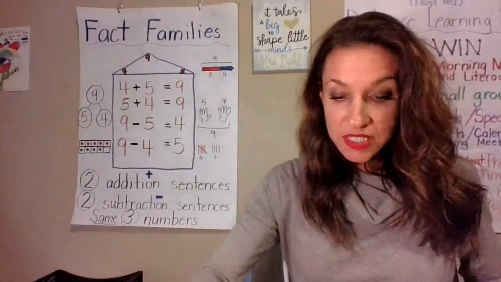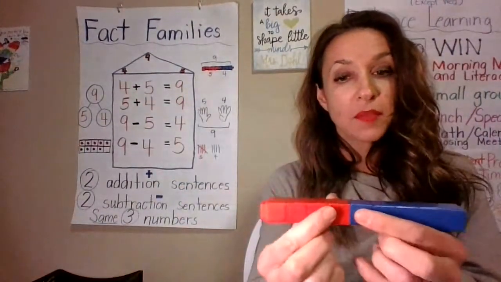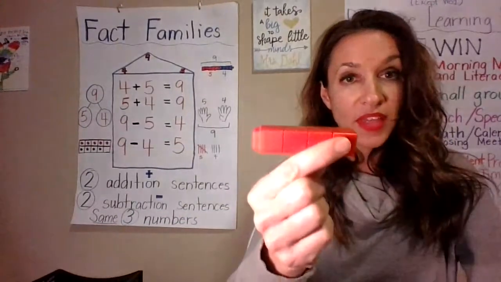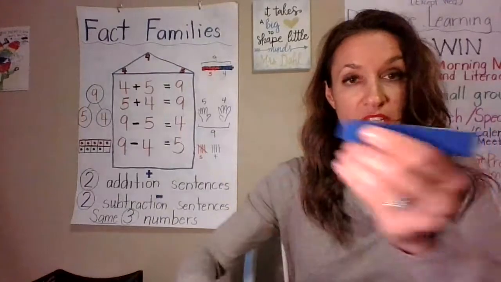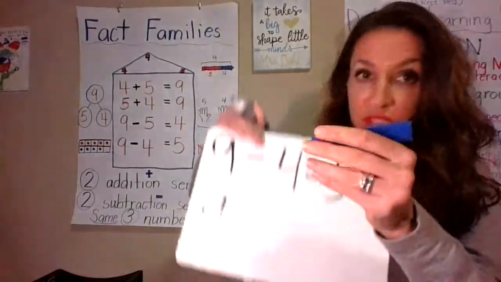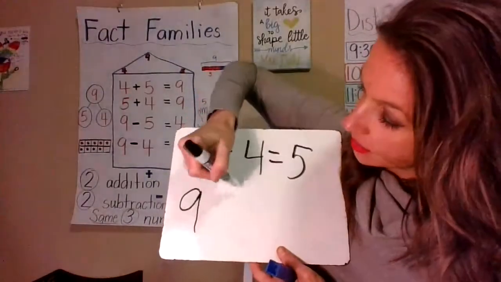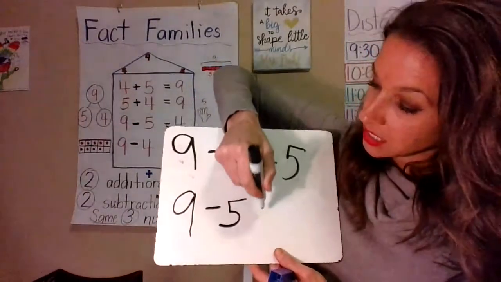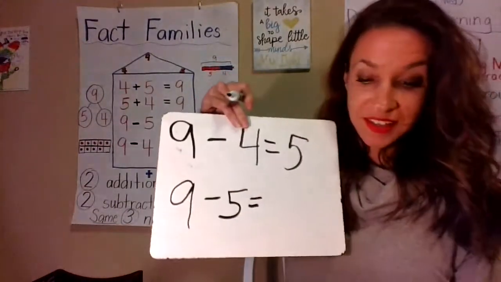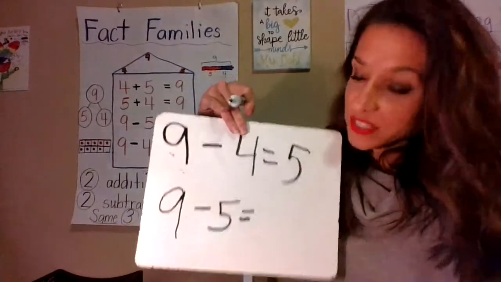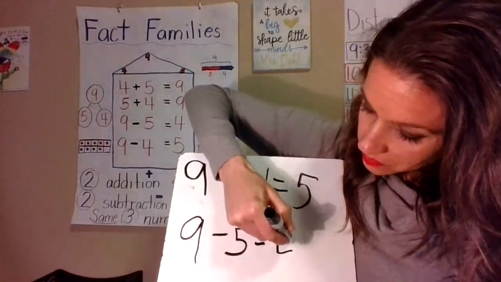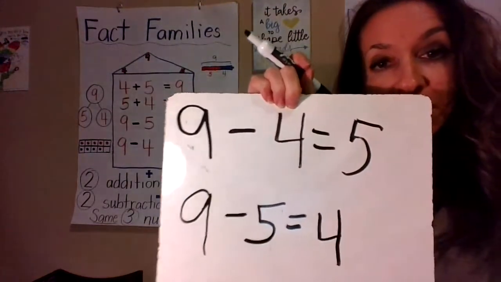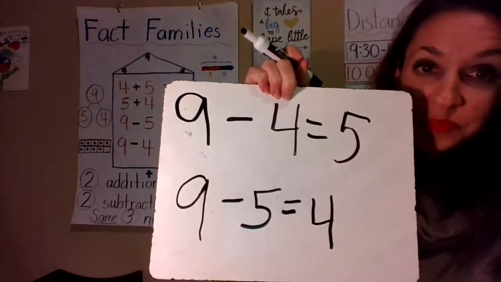And this time, instead of taking away my 4 red, I'm going to take away my 5 blue, and then I have 4 left. So 9 minus 5 equals my 4 red left. So those are our 2 subtraction sentences that we can use with the cubes that I showed.